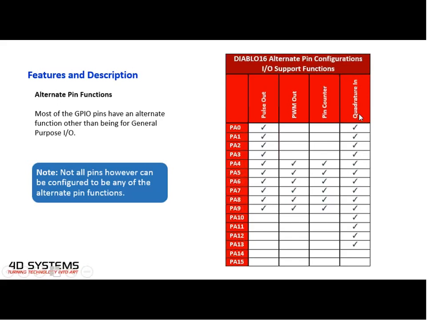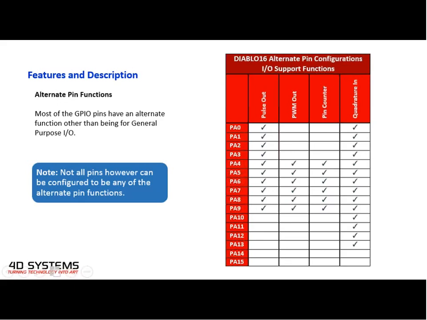Another feature is the quadrature input. So PA0 up to PA13 can do that. That means you can input a quadrature signal, especially if you are controlling motors or other devices that use quadrature signals. So it's a convenience.